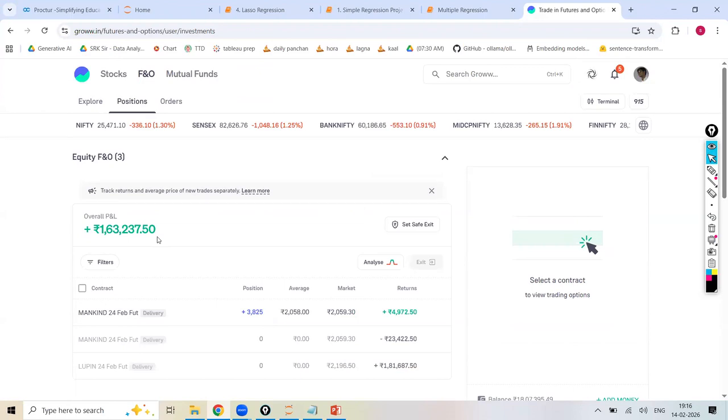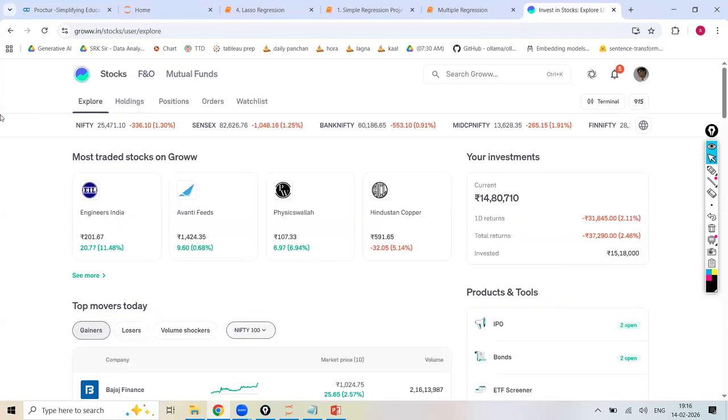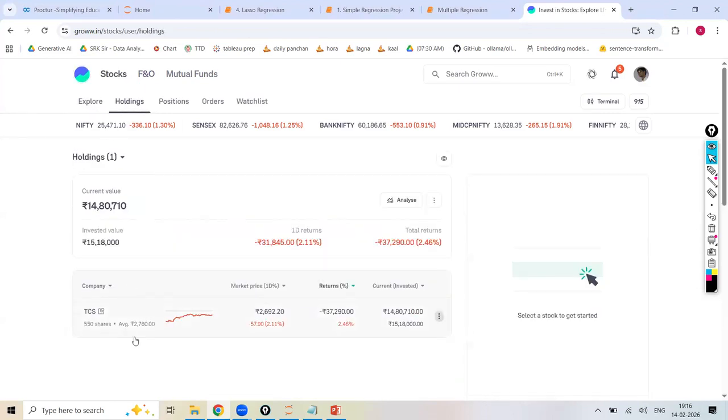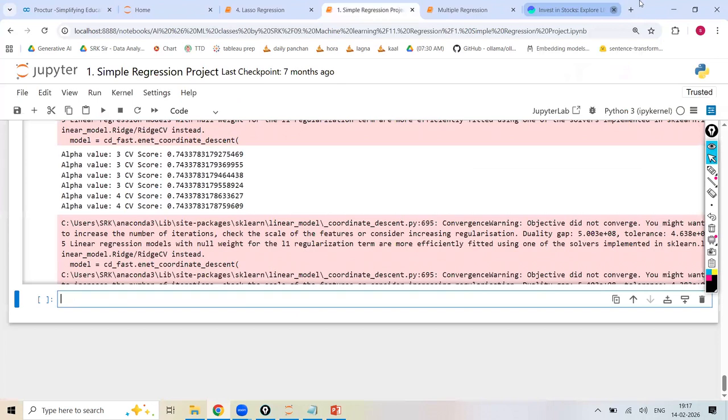It's just an example. Similarly, with investments, as I told you, I have invested in a company, around 15 lakh rupees in TCS. This is one of my accounts, guys; I have multiple accounts.